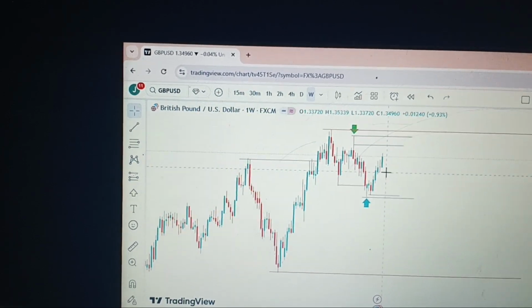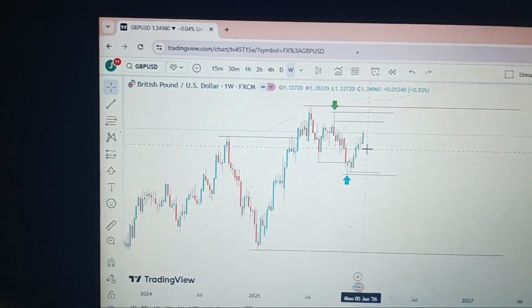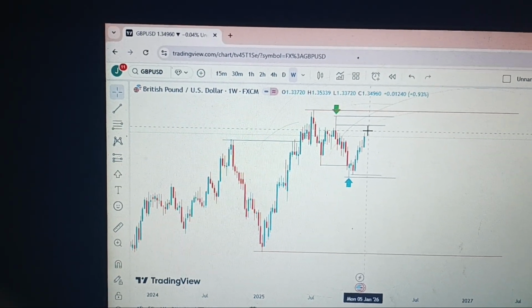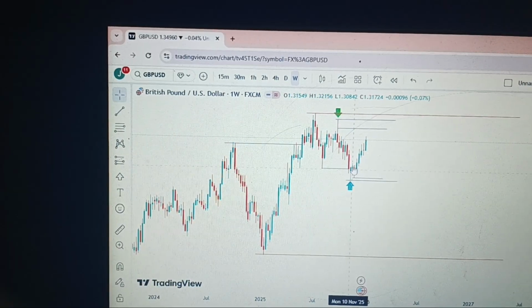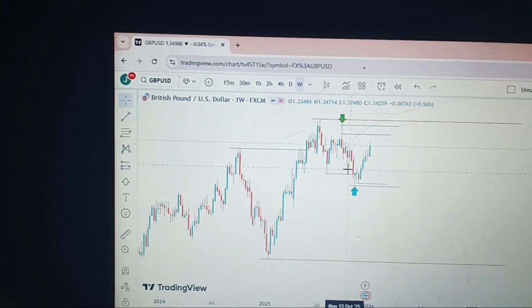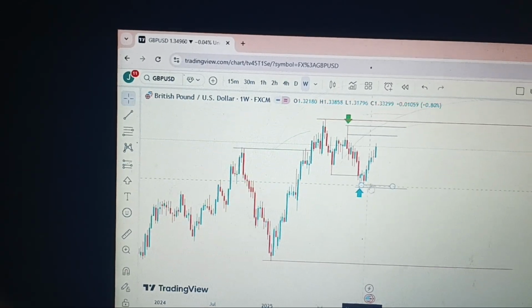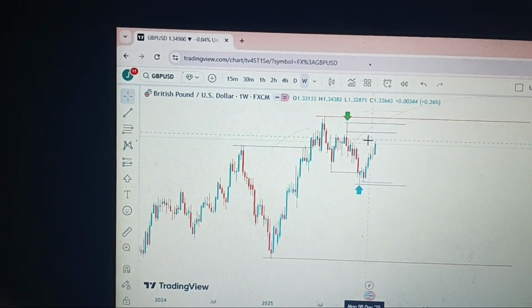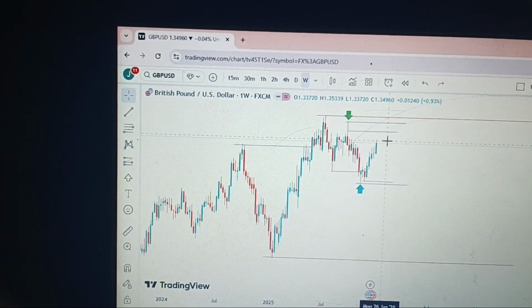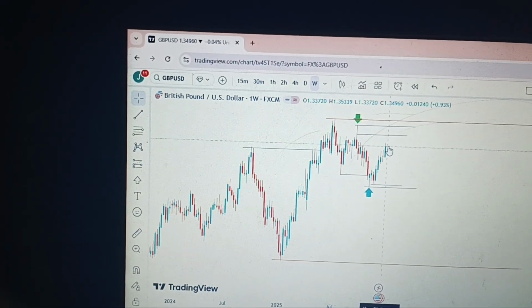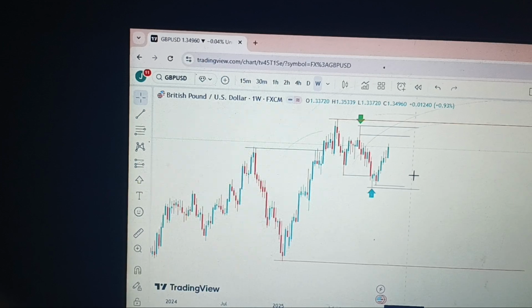But what we are more focused on is the current direction. This is a pullback, right? Or maybe a pullback that can lead to a full trend reversal. But this will take weeks of price action. If you are going to wait for this level to see whether it's going to reverse from here, we are waiting for weeks of price action.